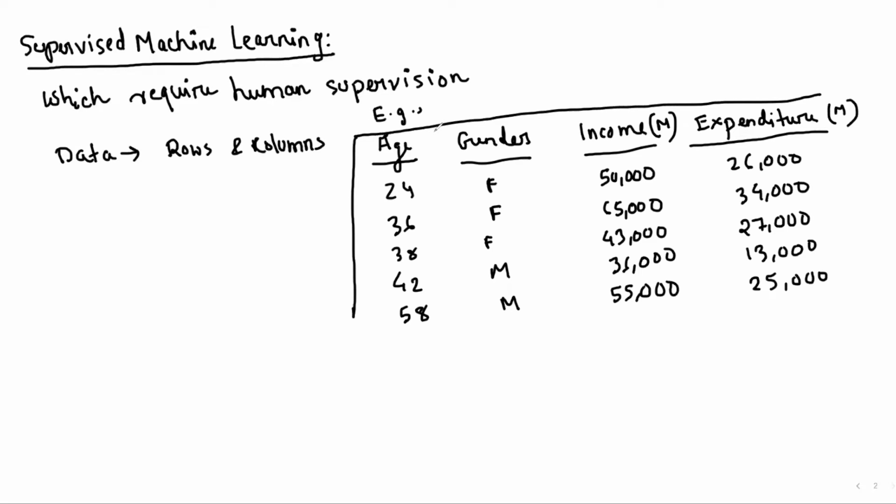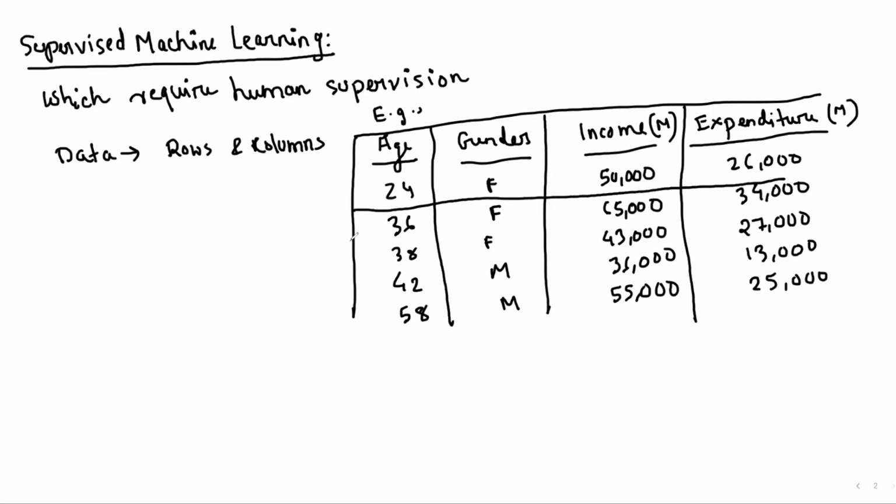So data basically comprises rows and columns, right? These are the columns and these are the rows.